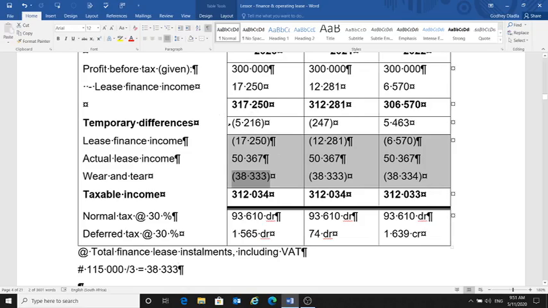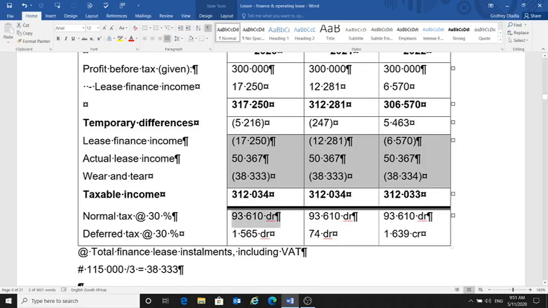All right. Now your temporary differences, these ones, if it's in bracket, it is taxable. Taxable means a liability, credit balance sheet, debit income statement. There it is. Right. Then your tax is 312, taxable income is 312,034 multiplied by 30%, it will give you this one.